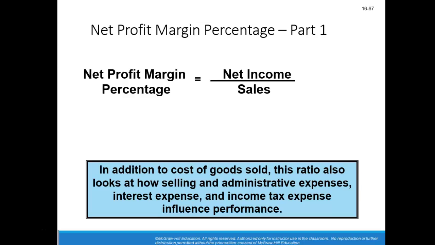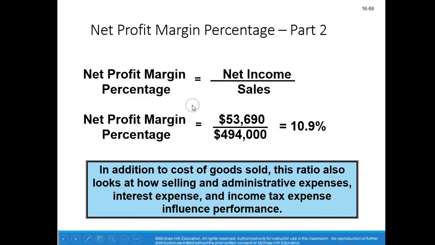Now, this next one focuses on what we call the net profit margin. So now we're looking at all of the expenses, not just cost of goods sold: operating expenses, selling, admin, income tax, and interest. We're now comparing our overall net income against the sales that took place during the accounting period.